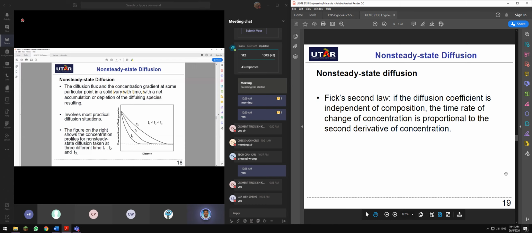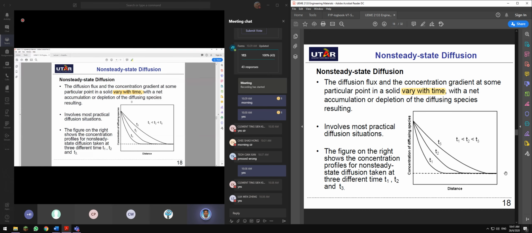There is a net accumulation or depletion of the diffusing species resulting. It can be accumulation or it can be depletion, depending on the type of diffusion that you want to have.